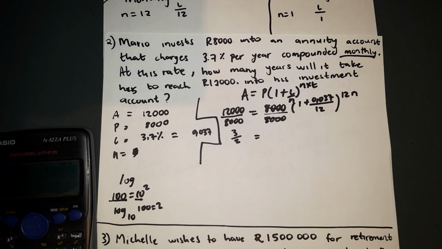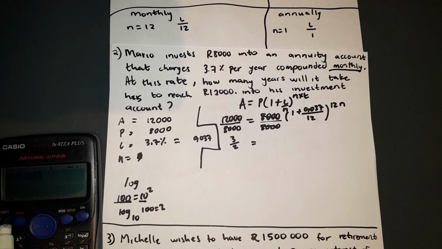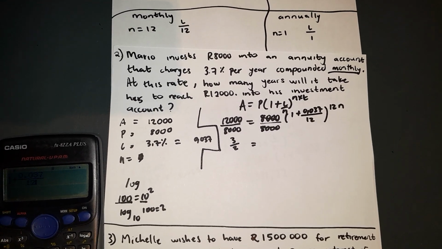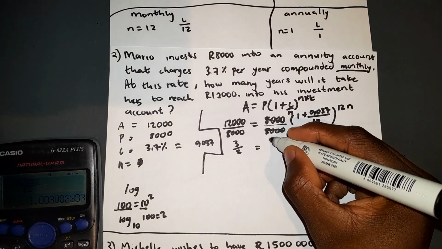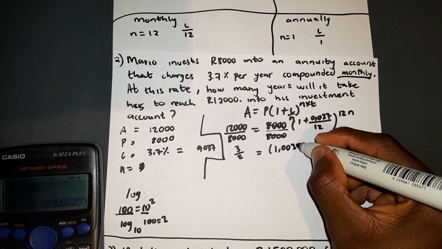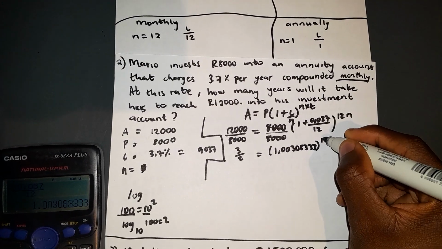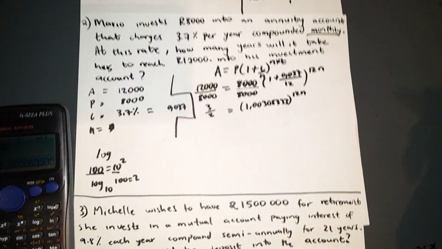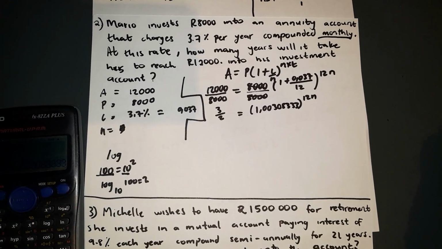It will give us 1 plus, it would be 1.003083, to the power 12n.